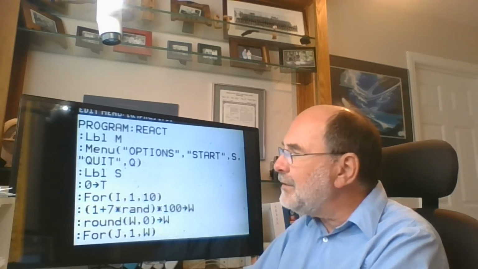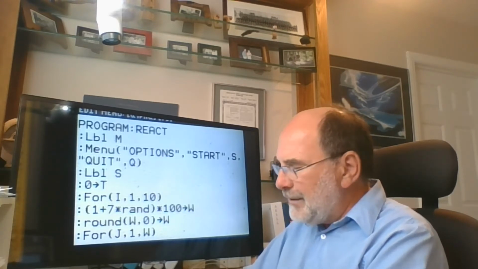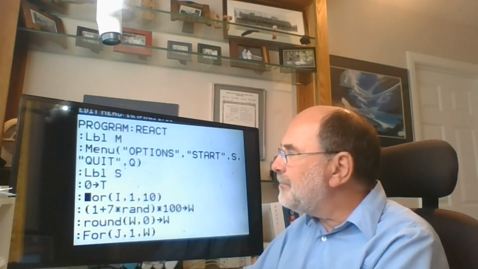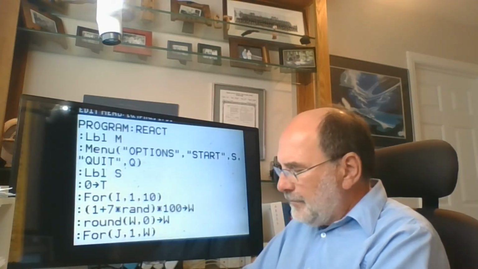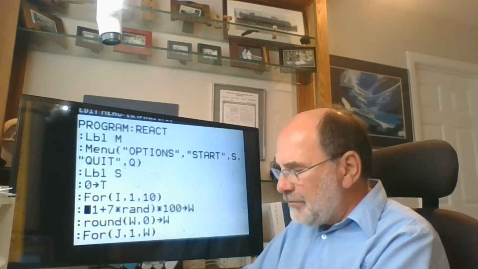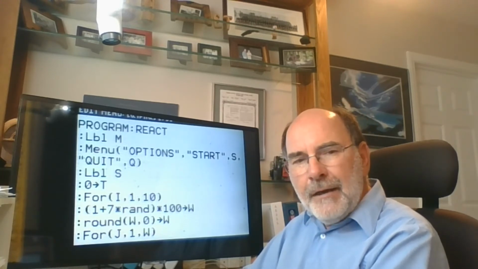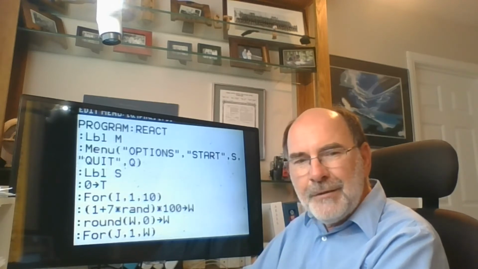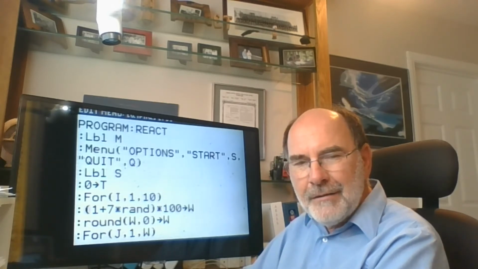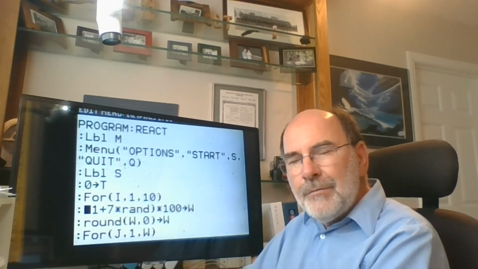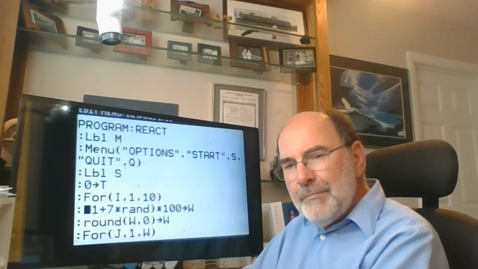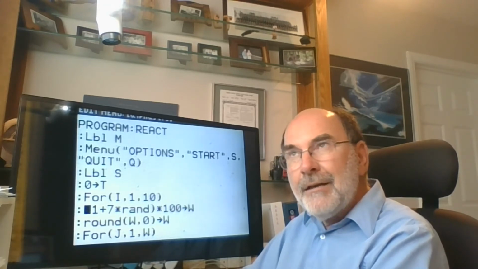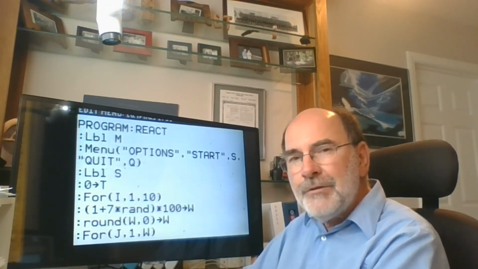I cleared the timer here. Here's the beginning of that loop that says, carry out this experiment 10 times. On this line, I'm generating a random number, and turns out I scaled it so that it's between 100 and 800. But when you increment a counter on a TI-82 or higher, you can't tell it to go from 1 to 2.3.